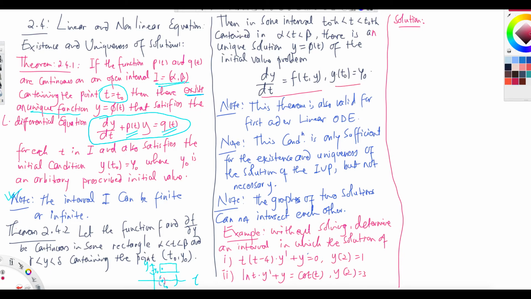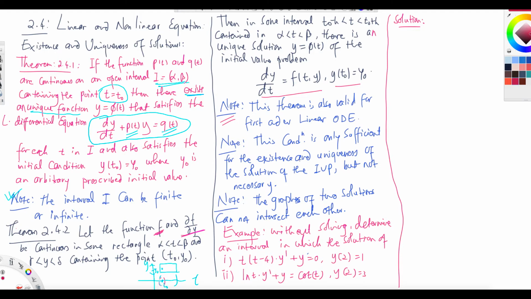What we need is the right hand side function and its partial derivative with respect to y, both continuous in some rectangular region. That's what it says. All right, let us see the notes. This theorem is also valid for first order linear ODE, meaning this theorem can be applied for this differential equation as well.